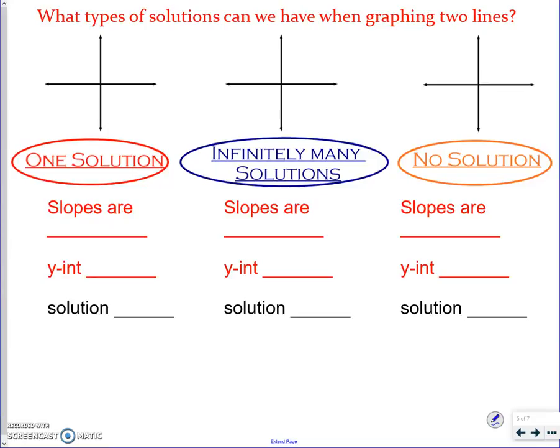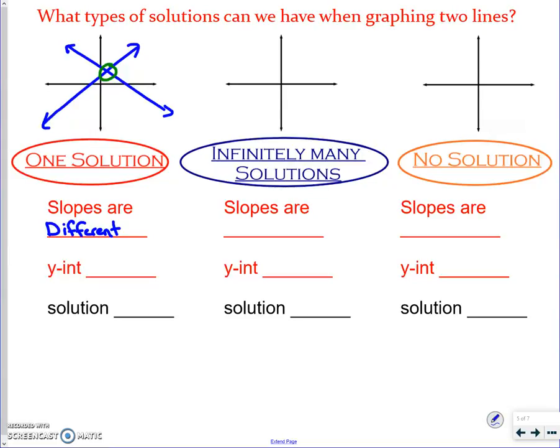The first thing I want to look at is a quick sketch. If I had something that's one solution, I would have 2 lines, and they would just cross somewhere. And wherever they cross, we were circling this in green every time, would be our answer. So with this, guys, I don't have any exact numbers on here, but what I want you to realize is that the slopes have to be different to make this work.